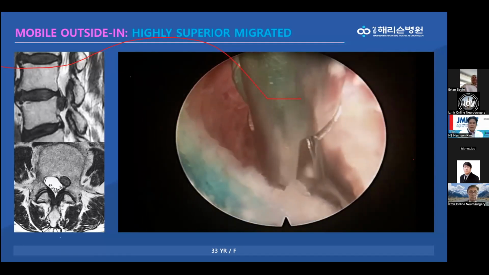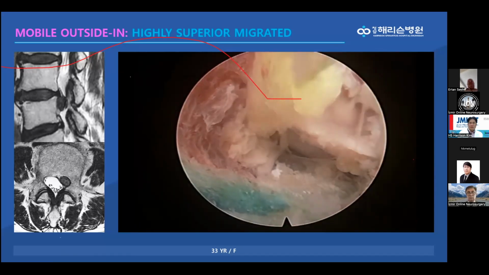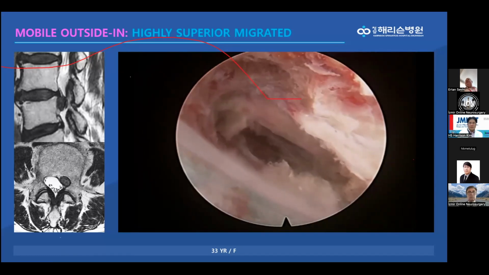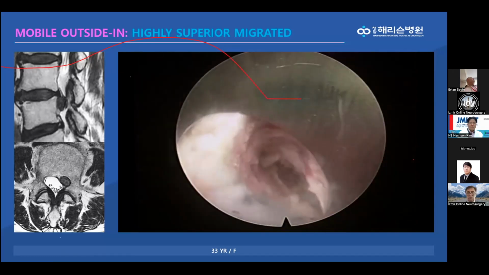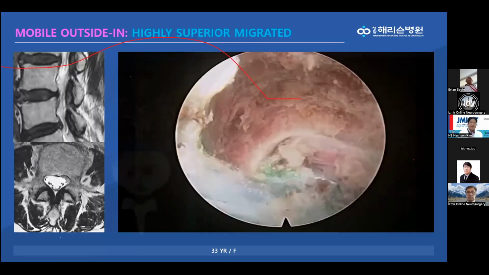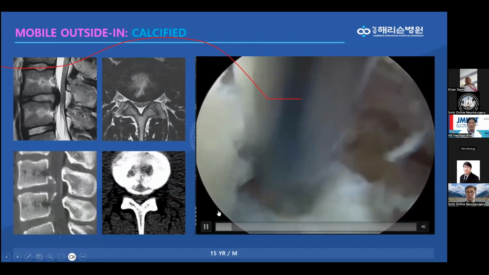Finally, we check the free root, and after the operation, like this.